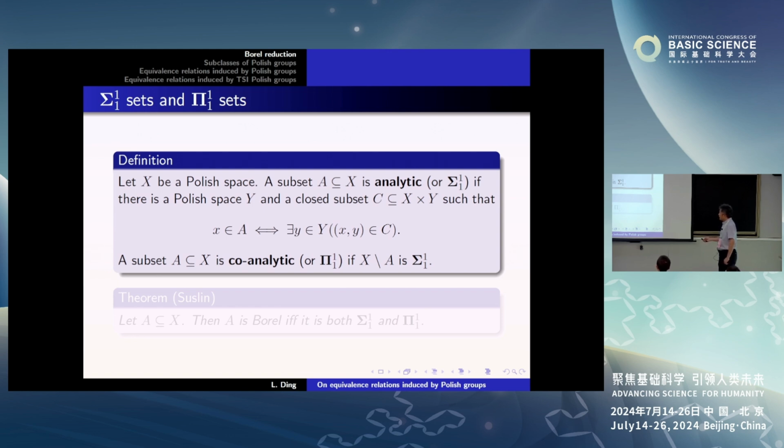Here we can see that A is the projection of C. So an analytic set is a projection of a closed set.